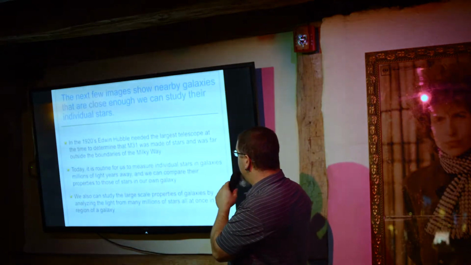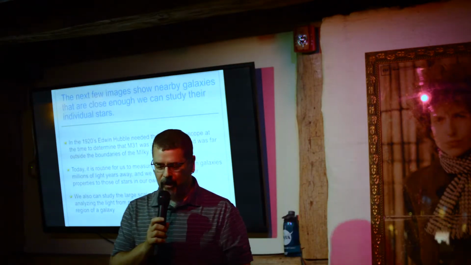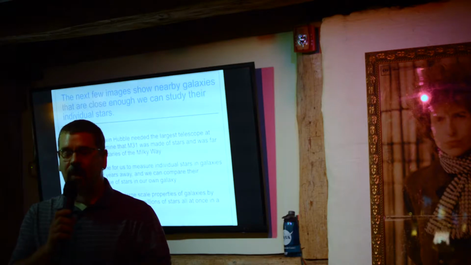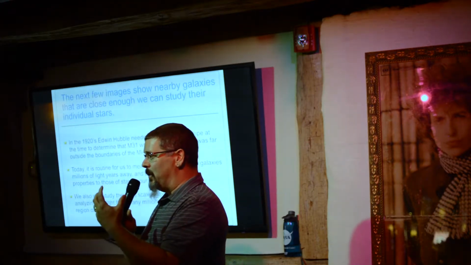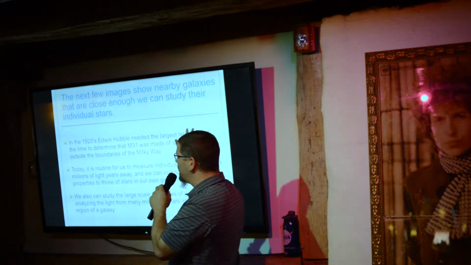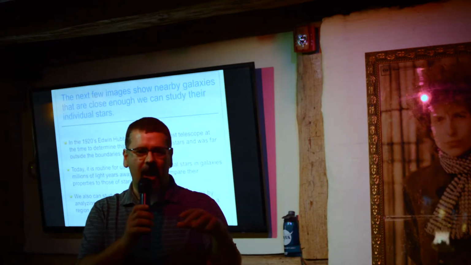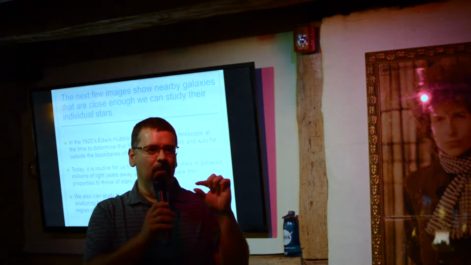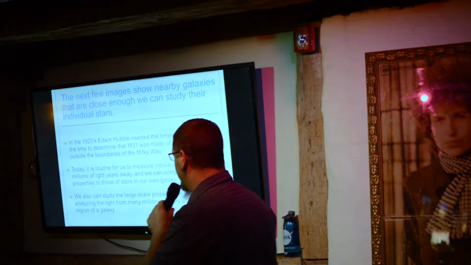So these things are gorgeous, and I'm going to show you some pictures of some of these really beautiful galaxies, but in particular, I'm going to show you pictures of some of the nearest ones to us. What took Edwin Hubble the very largest telescope and the very best camera in use at the time was barely able to make this measurement to show that this was a star inside this other galaxy.